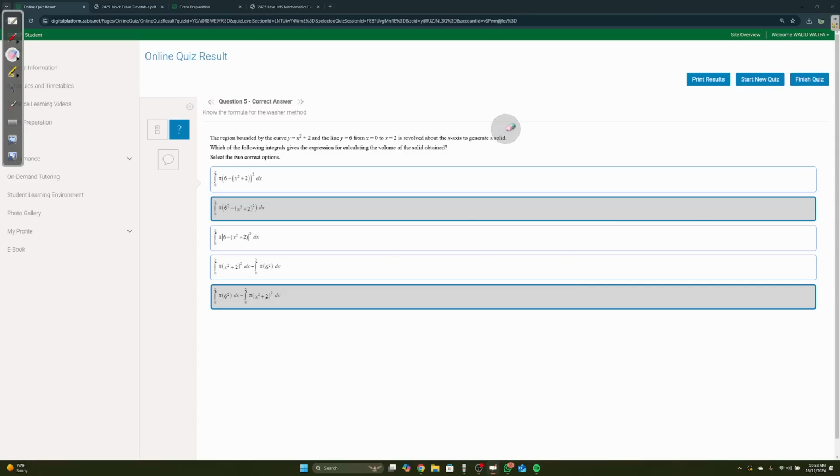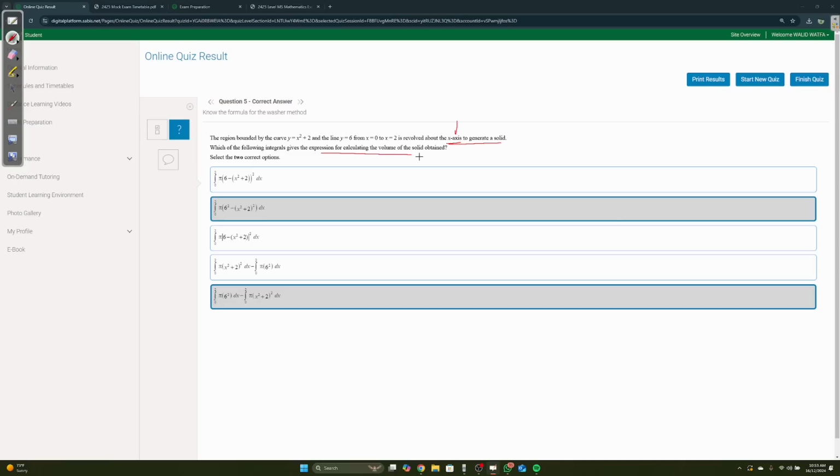Many people in the last periodic in the written part did not pay attention to the question and got 0 in the written parts. And I'm speaking for myself, because it's annoying when you know how to solve the question and you just read it wrong and you solve for the x-axis and you end up getting 0 in your written part. But that's not the point. It's revolved around the x-axis to generate a solid. Just make sure you read it correctly.